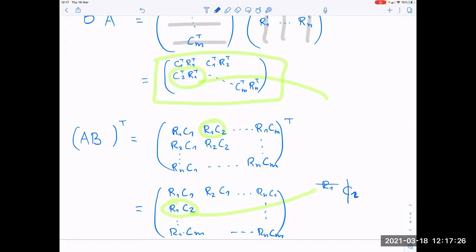So I want to compare it with C2 transpose, which is now sitting like this, and R1 transpose, which is now standing like that. And remember, these two are just dot products of vectors. And so they are equal. Because what do you do? You take the first component, multiply by the first component, second component, and you take the sum.